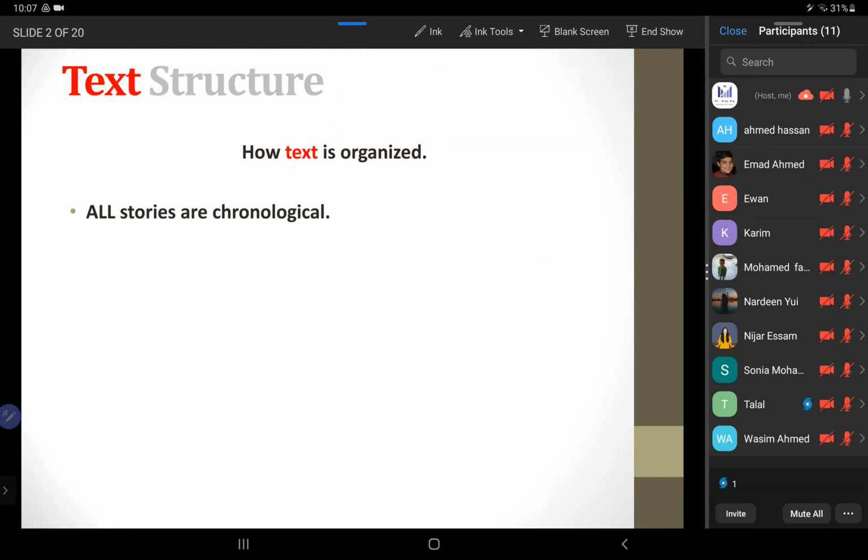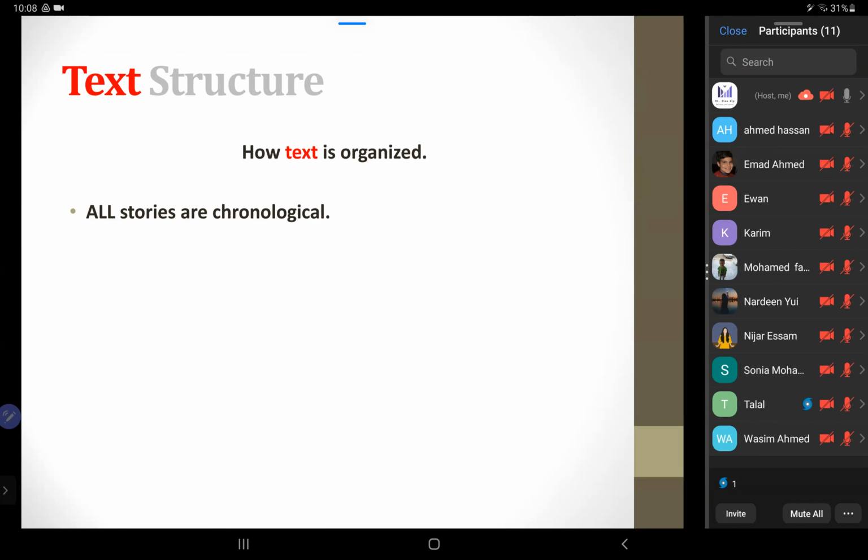So we are focusing on non-fiction. We already know that most of the stories, or fiction, let's replace the word story with fiction, are in chronological order. The first event happened, and then this, and then that, and so on.